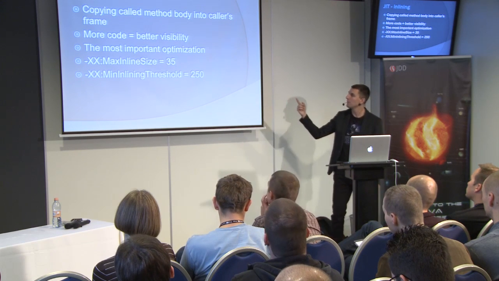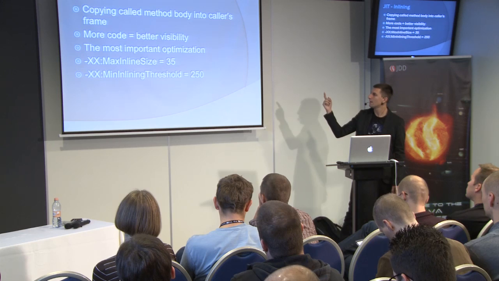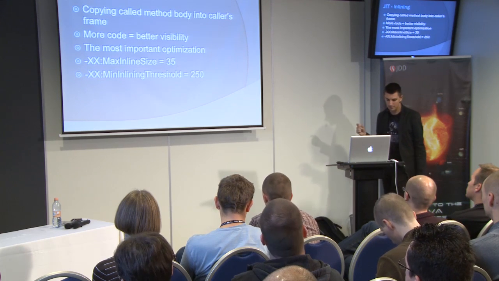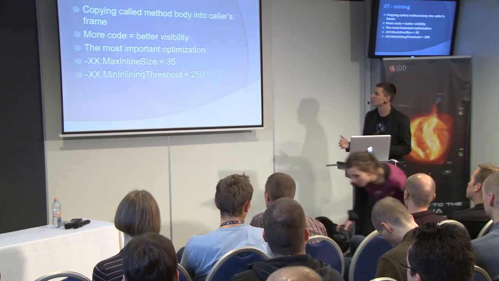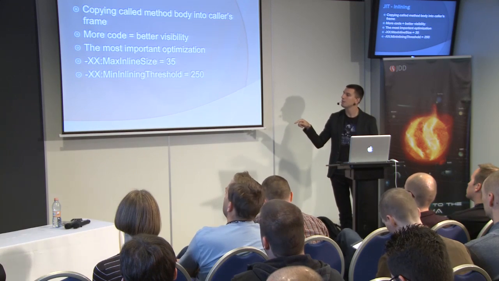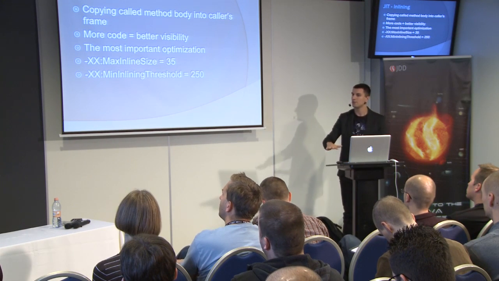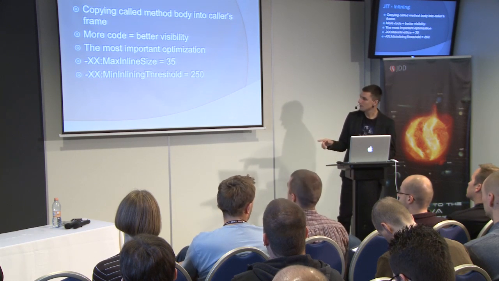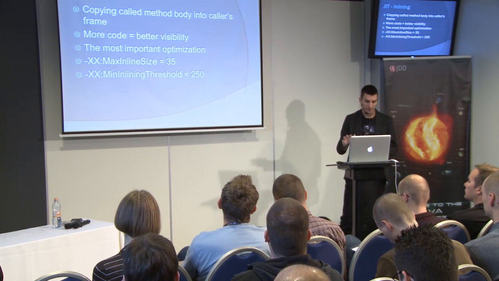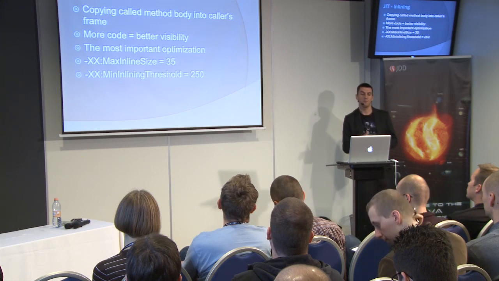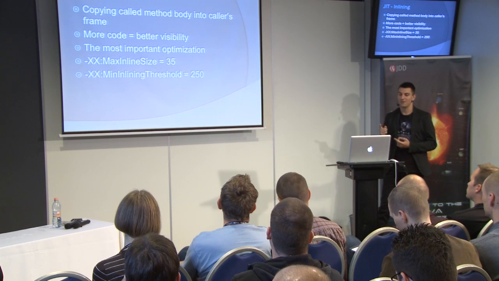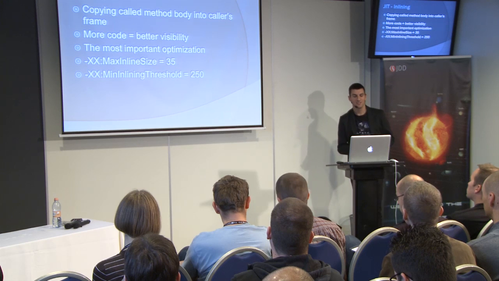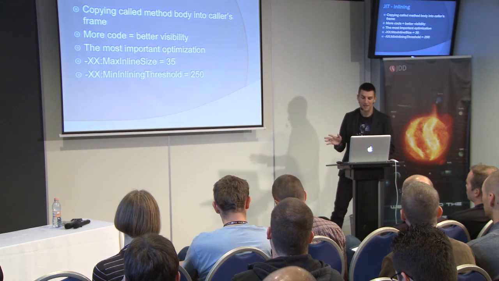And the minimum inlining threshold. As I said before, there is a global threshold in the JIT, but for inlining, it's decreased to 250. I heard a myth from one of the developers some time ago.